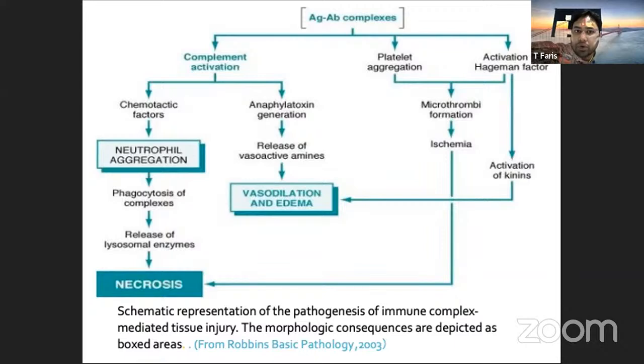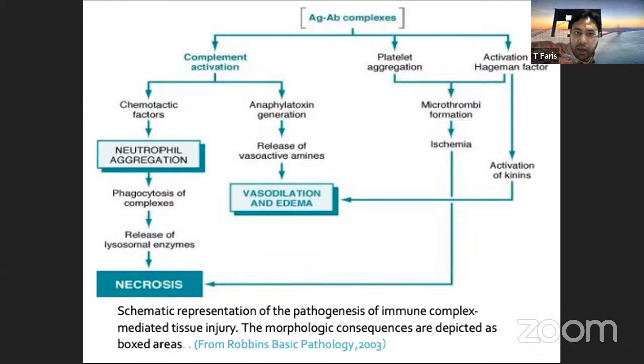Part of them also bind another protein, the complement protein that we mentioned earlier, and they are activating this protein for various activities like neutrophil aggregation, which later on can cause the release of lysosomal enzymes, leading to the death of the cells.